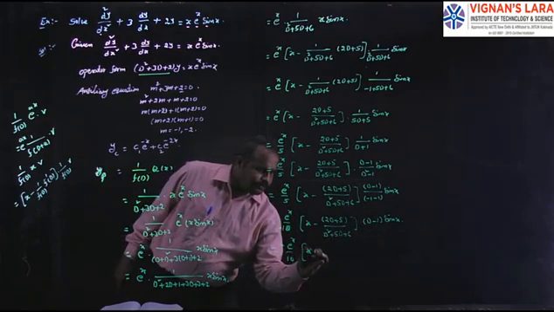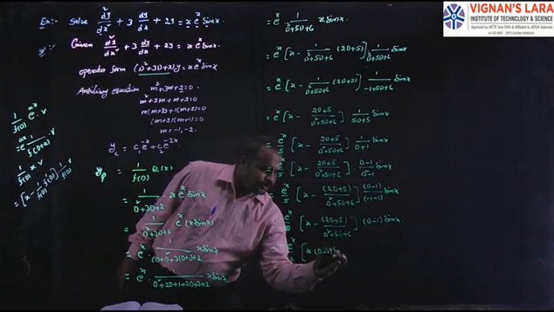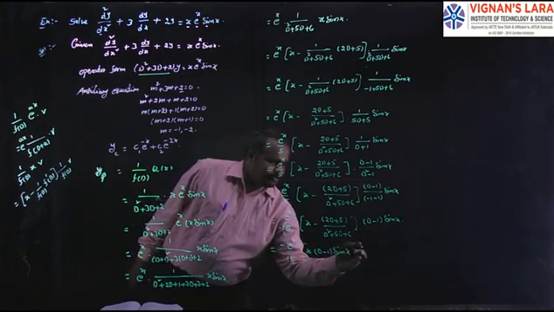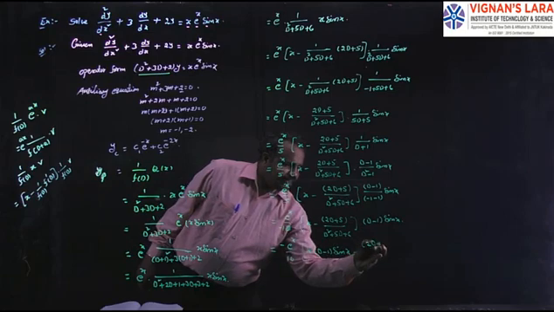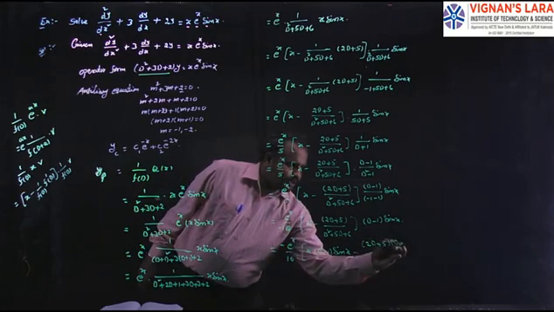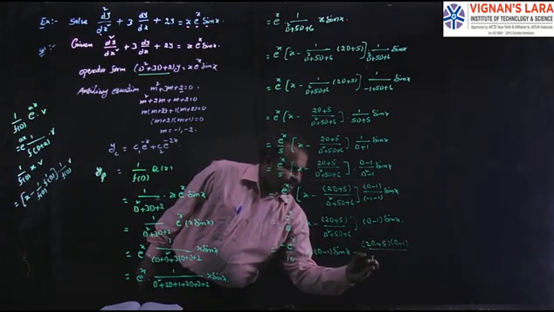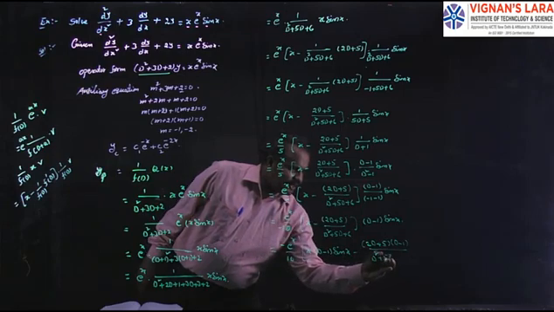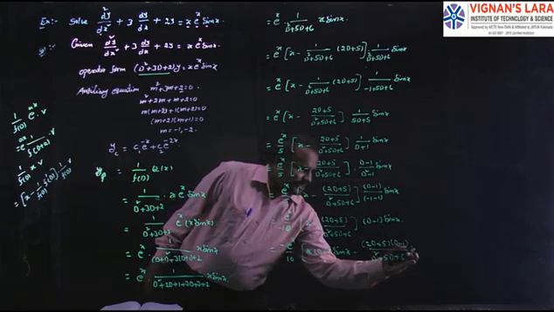x into (D minus 1) into sin x minus (2D plus 5) into (D minus 1) by (D square plus 5D plus 6) into sin x.